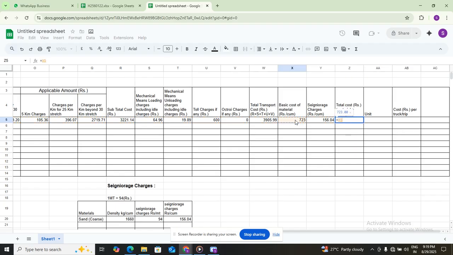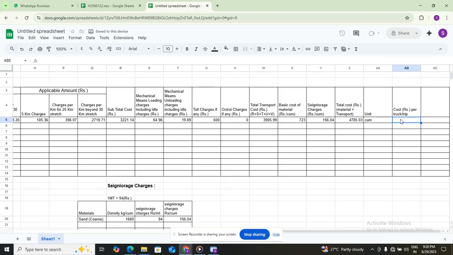First we need to add transport plus material cost, plus the sewerage charges, all included. This is 4785 rupees per meter cube. It is per meter cube.